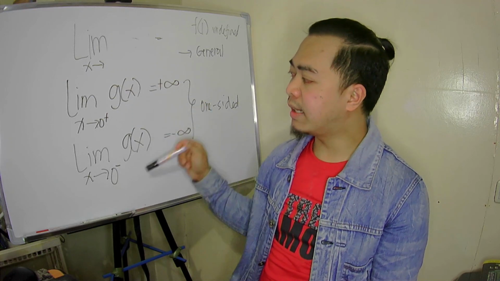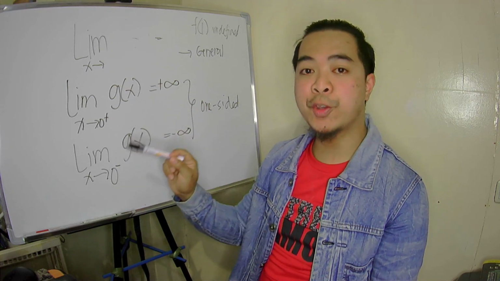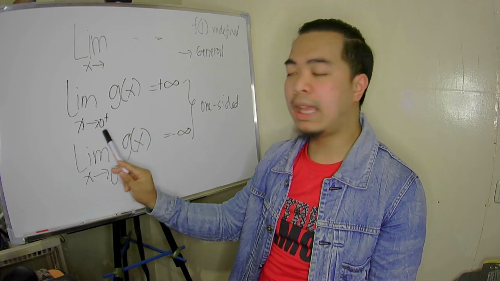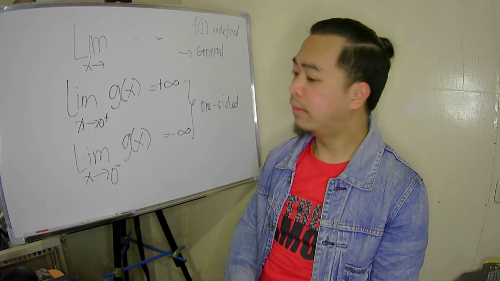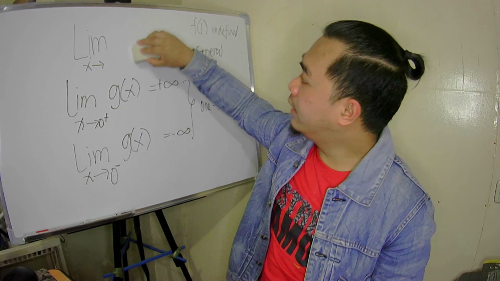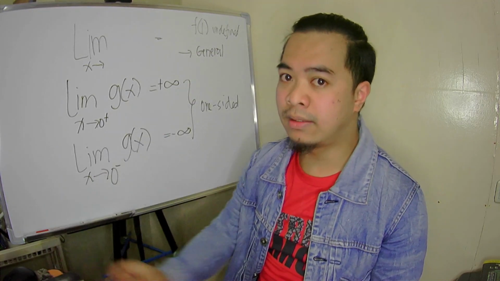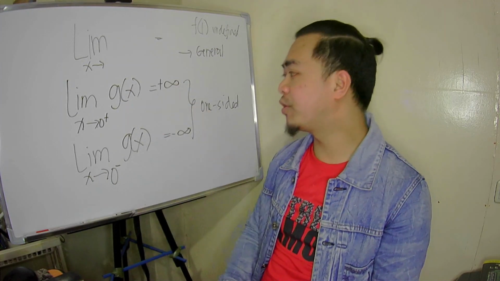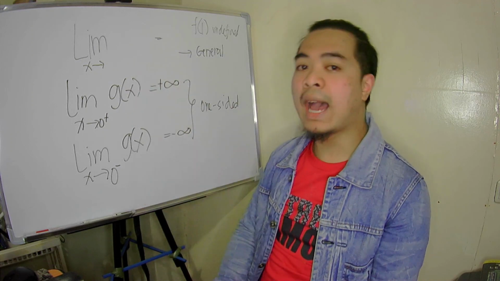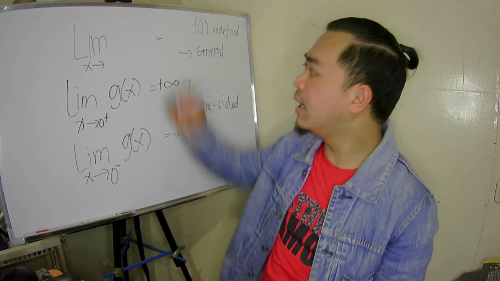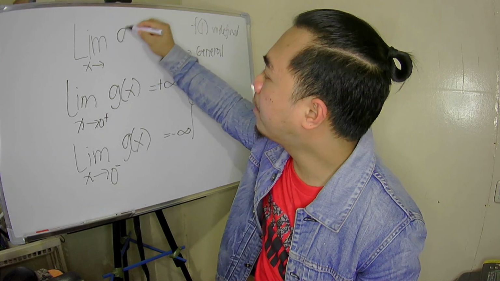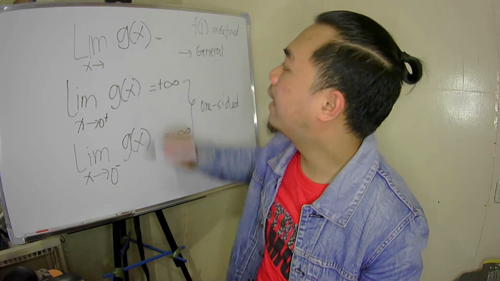Again, they are called one-sided limits because we are observing it from a specific side of that x value. Now, normally the question is not the one-sided limit. So unless specified in the question, ang tinatanong talaga sa atin ay yung general limit, meaning the limit of g of x from both sides.